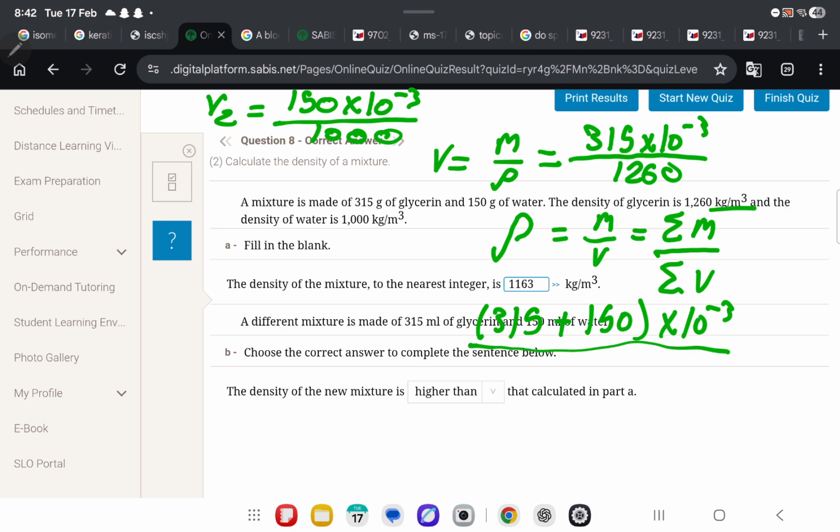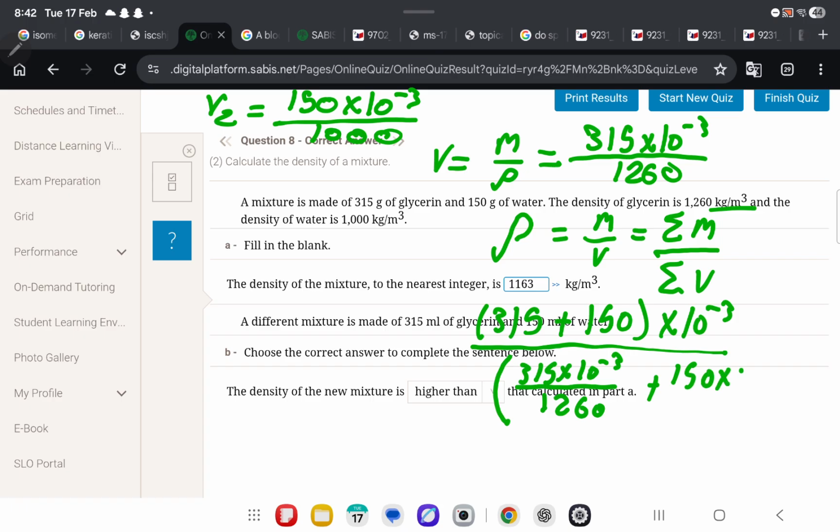Essentially it's 315 times 10 to the power of minus 3 plus 150 times 10 to the power of minus 3, but you can factor the 10 to the power of minus 3 out, so it's one step on the calculator, much easier. For V, we're going to use these expressions: 315 times 10 to the power of minus 3 over 1260 plus, don't open this bracket, 150 times 10 to the power of minus 3 over 1000. Now do this on the calculator.